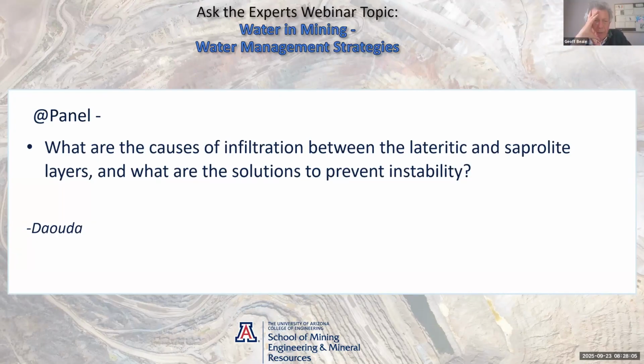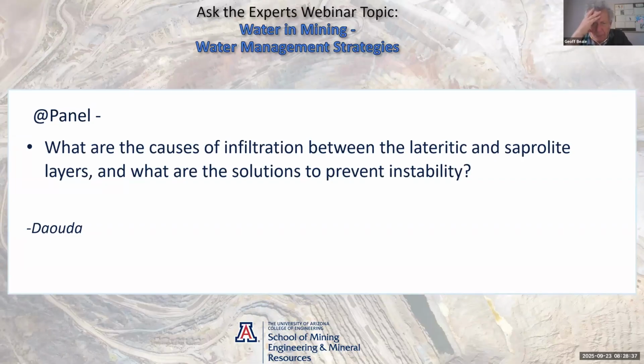Yeah, I think this is a very common situation, particularly in tropical regions. Saprolites are typically unstable with water pressure, and getting the pressure out is paramount for optimizing slope angles. Whereas laterites tend to be hard, and they tend to overlay the saprolites.